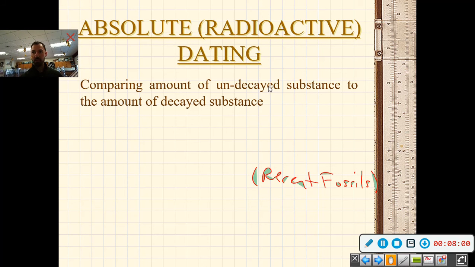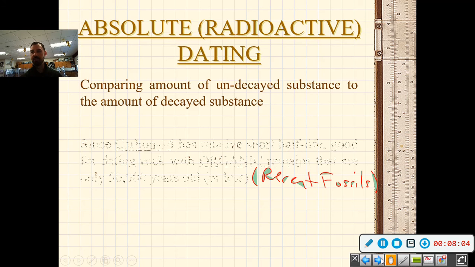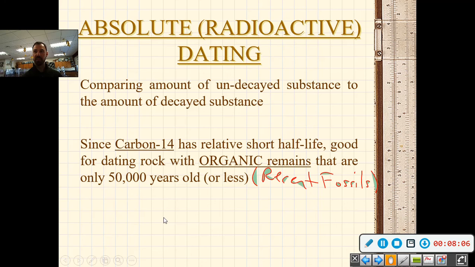Okay, so comparing the amount of undecayed substance to the amount of decayed substance, carbon-14 has a relatively short half-life, so it's good at dating organic remains or ones that are 50,000 years old or less. We also call them recent fossils, so you'll hear them differently in different questions.